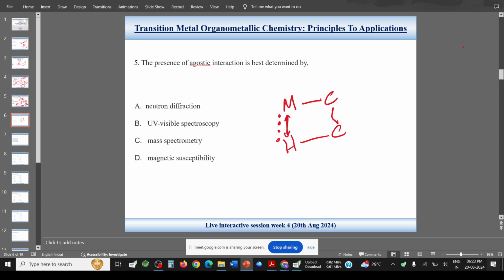Magnetic susceptibility. So here, okay, think about this question in another way: we need to determine the agostic interaction between metal and hydride.